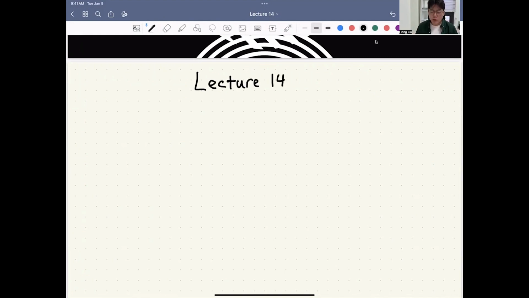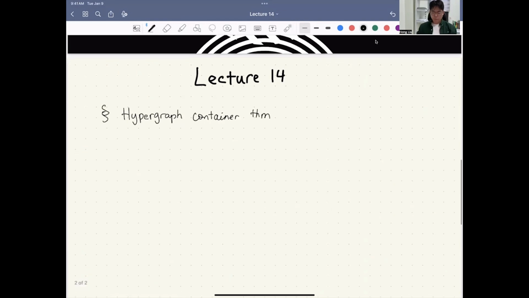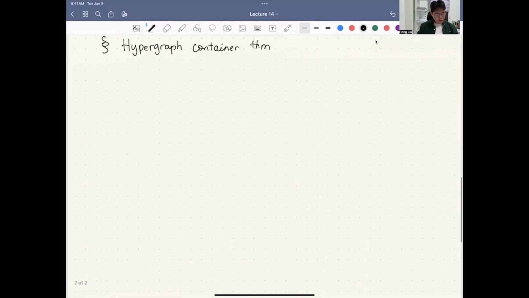So let's begin with stating the most general form of the hypergraph container theorem. We need some preparation. Suppose we have an r-uniform hypergraph.